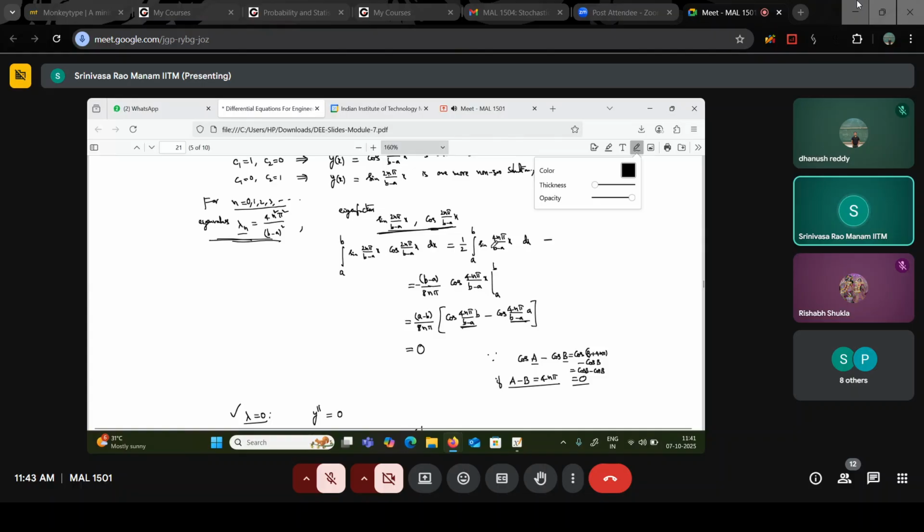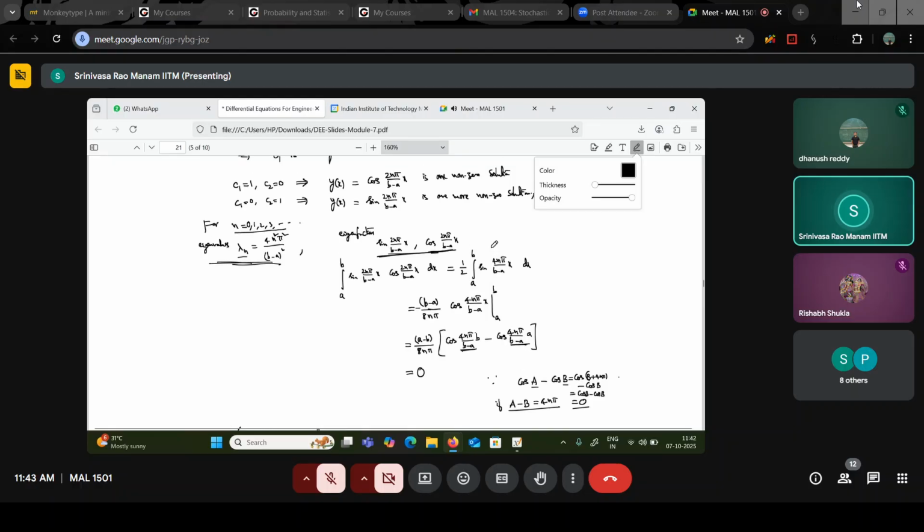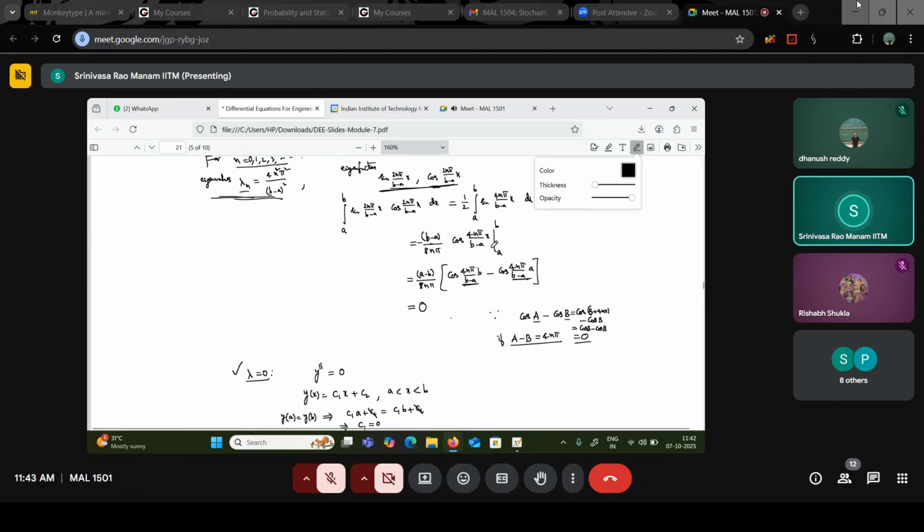If you look at b minus a, one term is 4n pi times b divided by b minus a, the other is 4n pi times a divided by b minus a. When you take the difference, it is 4n pi. So because of this, they are already orthogonal. You don't have to do anything.